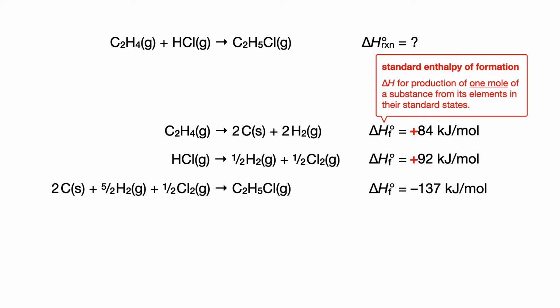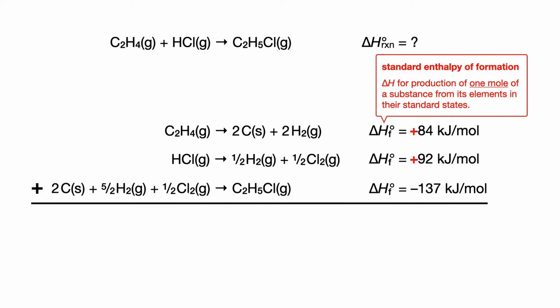The product of our original reaction is on the right side, and we can combine these together. Notice that if you set up these combinations properly, everything that's not a reactant or product of the original reaction should end up canceling out. And so in this case, the graphite cancels out, the hydrogen gas cancels out, and the chlorine gas cancels out.